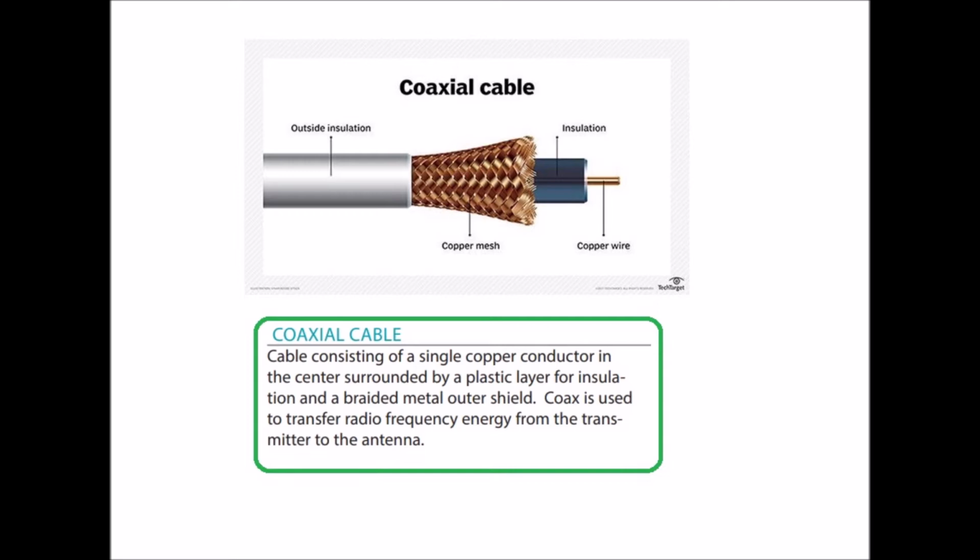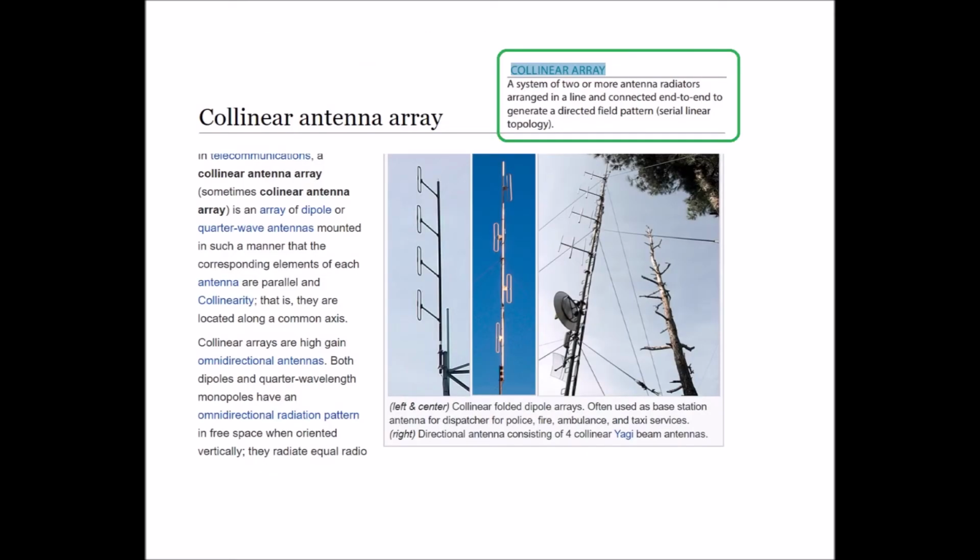Coaxial cable. Cable consisting of a single copper conductor in the center surrounded by a plastic layer for insulation and a braided metal outer shield. Coax is used to transfer radio frequency energy from the transmitter to the antenna.